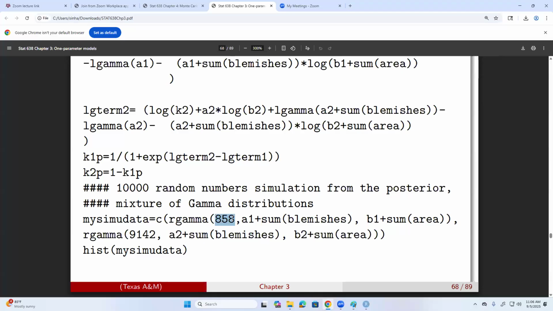The weight for the other component is 9142 over 858 plus 9142. If you do the calculation up to this line, you will get the value of 858 and 9142.